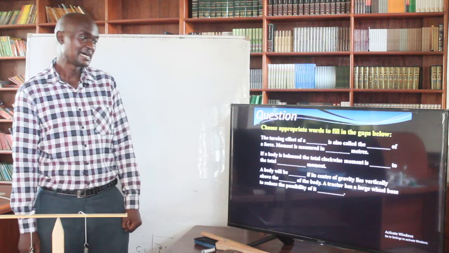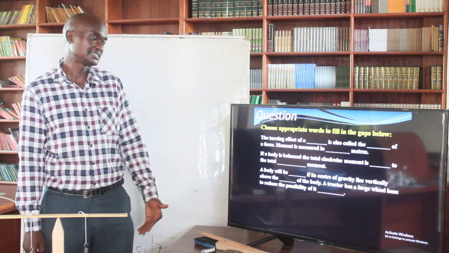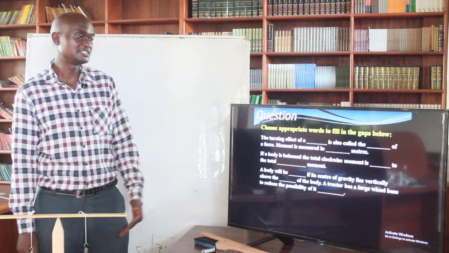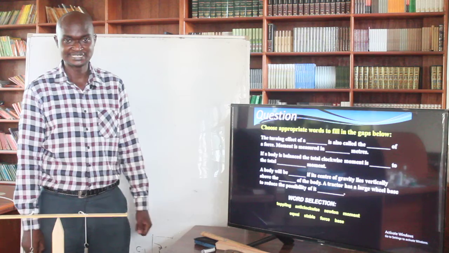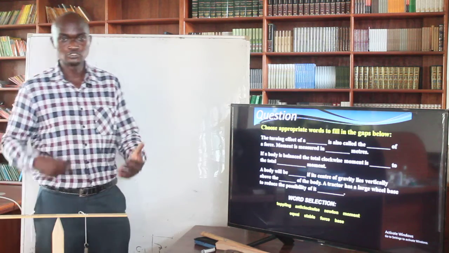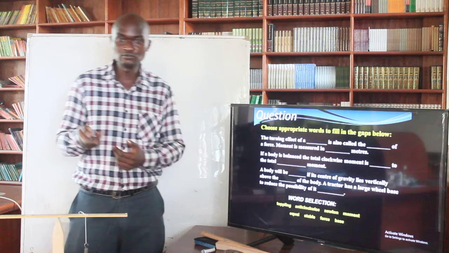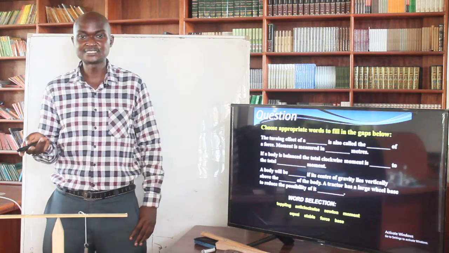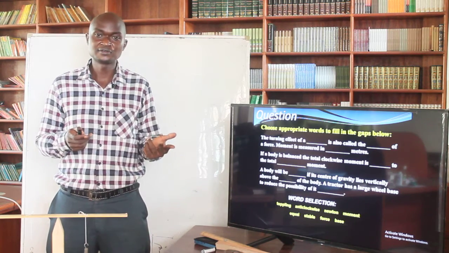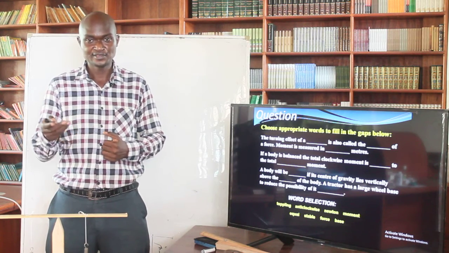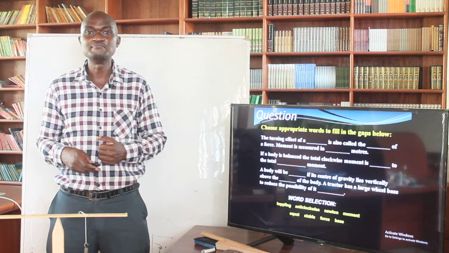A tractor has a larger wheelbase to reduce the possibility of its dash. Now the words to select here are toppling, anti-clockwise, Newton, moment, equal, stable, force, and base.